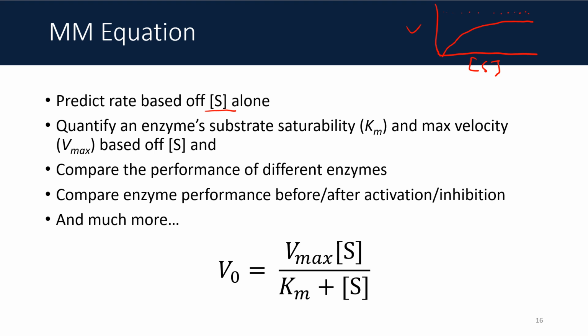Km and Vmax can be used to help us compare one enzyme to another. Is this enzyme more efficient? Is that enzyme more efficient? That's a useful skill, and we will unpack that further next time. Additionally, those Michaelis-Menten parameters will let us compare enzyme performance before and after activation and inhibition of that enzyme.